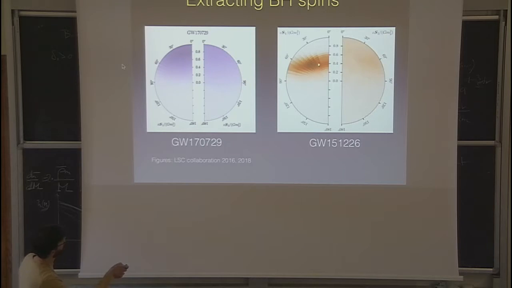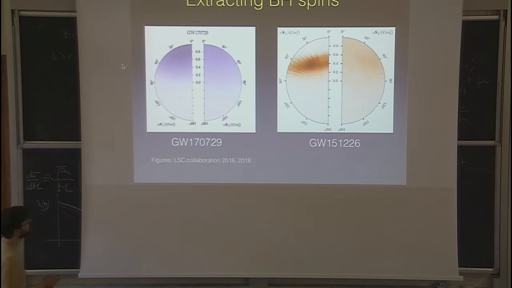So in one event, the spin of the primary black hole, so the more massive black hole, if you want the maximum likelihood estimator, turns out to be about 0.5. And you also see a misalignment. So the spin is not aligned with the orbital angular momentum. This is not a particularly significant measurement, but there are hints that you could have moderate misaligned spins.